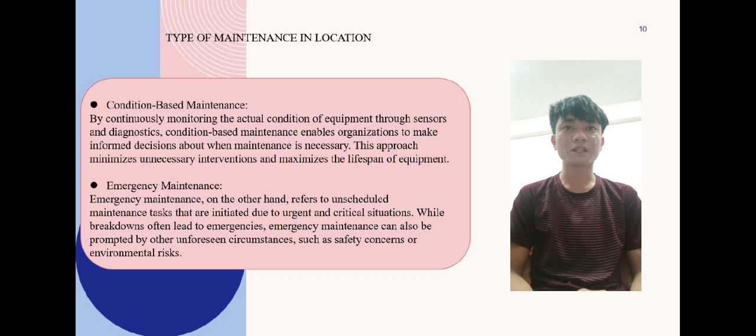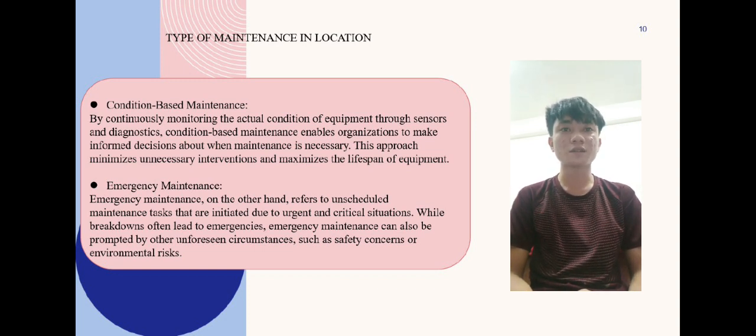Next is condition-based maintenance. By continuously monitoring the actual condition of equipment through sensors and diagnostics, condition-based maintenance enables organizations to make informed decisions about when maintenance is necessary. This approach minimizes unnecessary intervention and maximizes the lifespan of equipment.